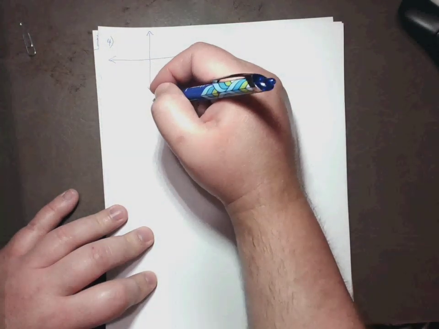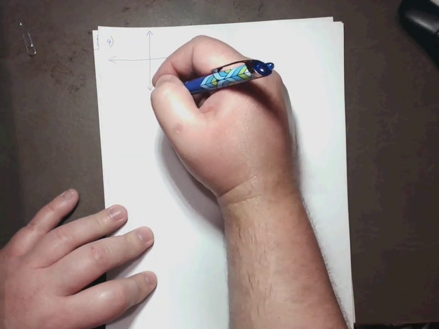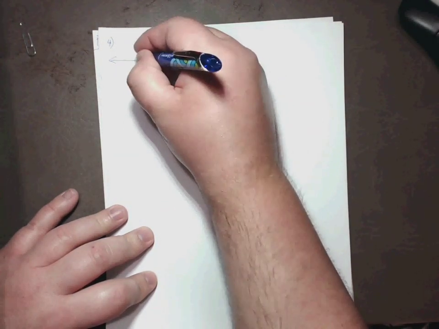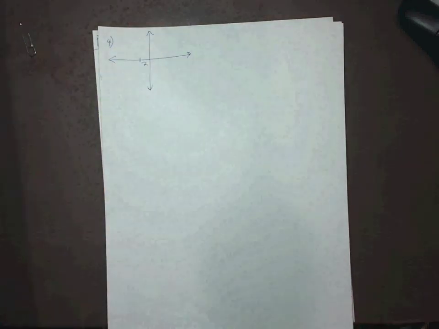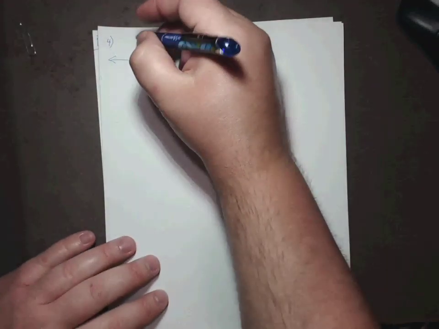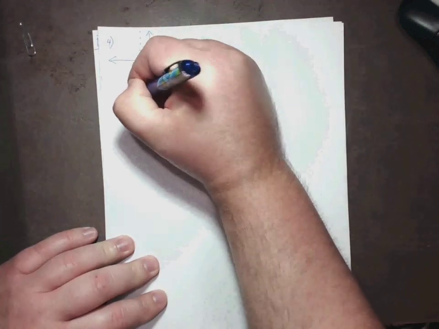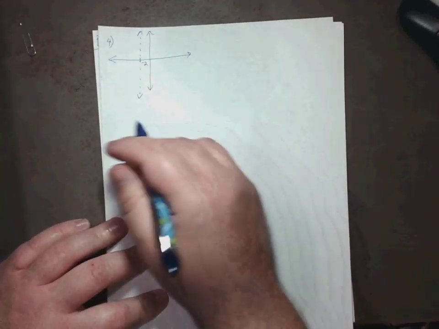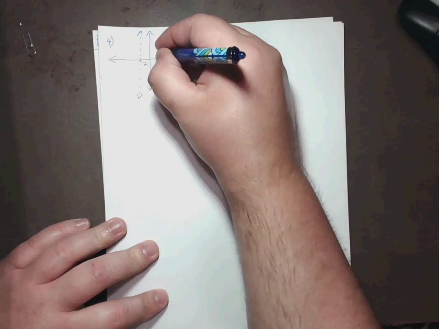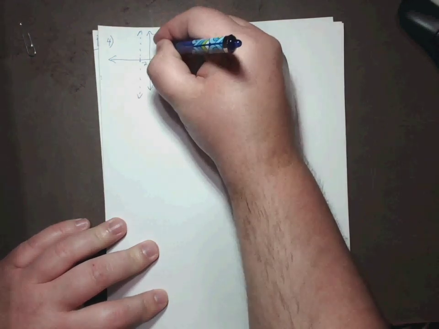According to the graph, at -2, if you notice, it never reaches -2 on the x-axis. There's a vertical asymptote there. It's not drawn, but it is there. The same for 2.